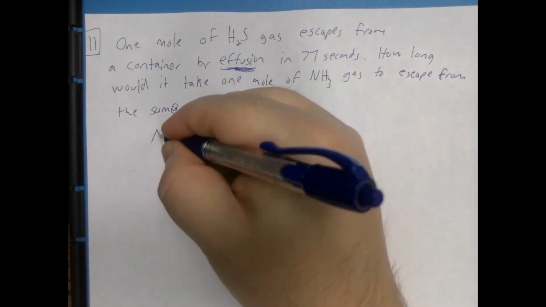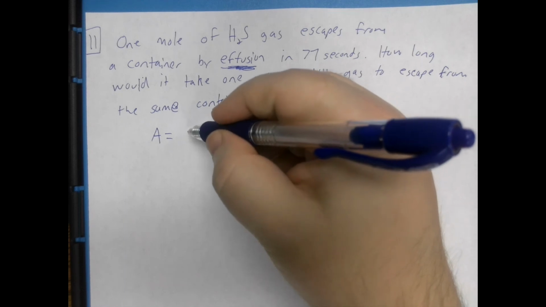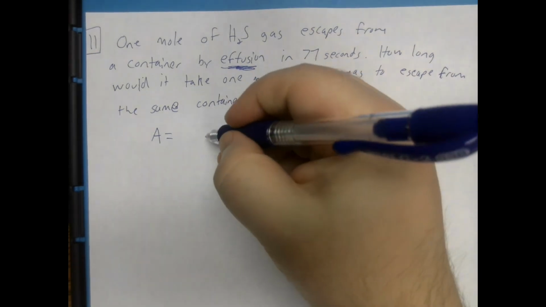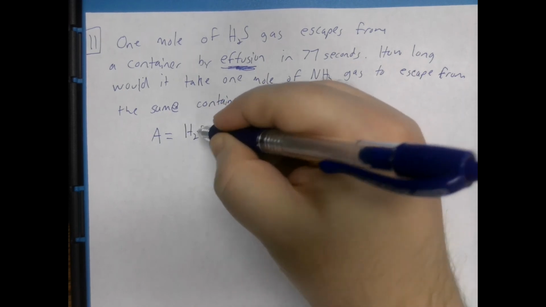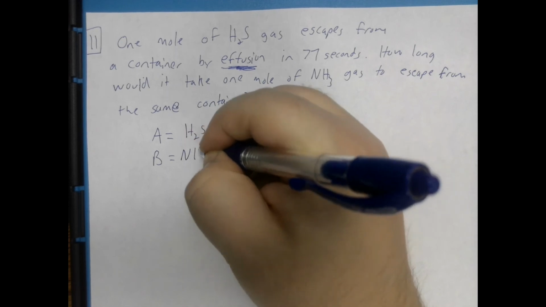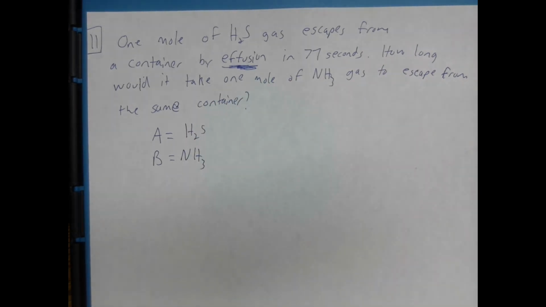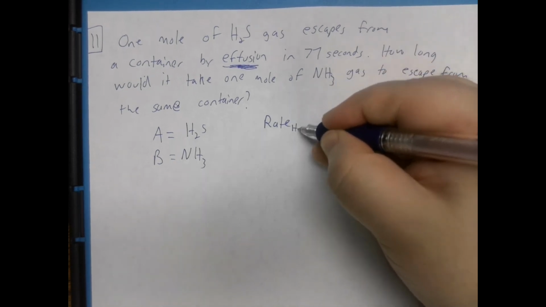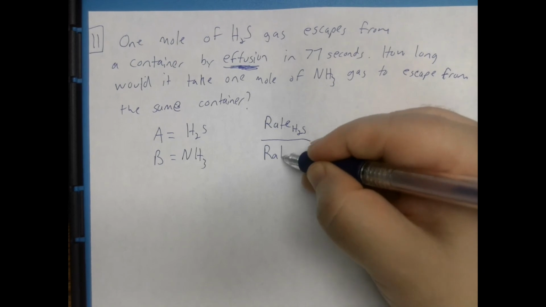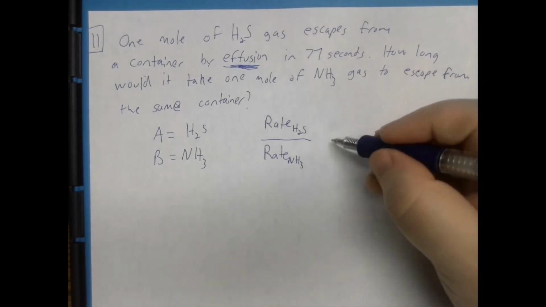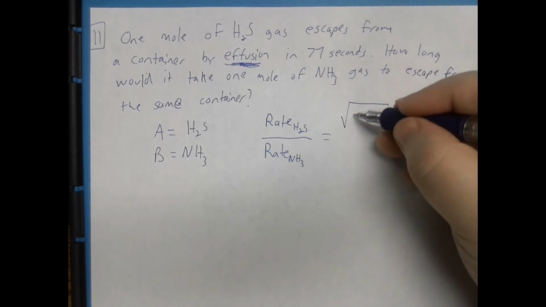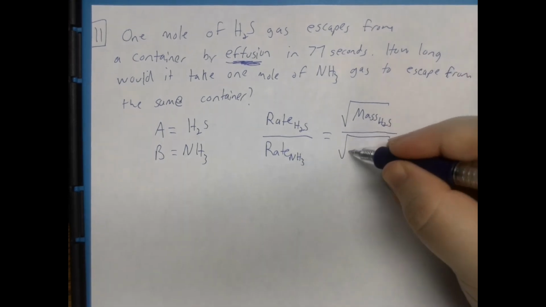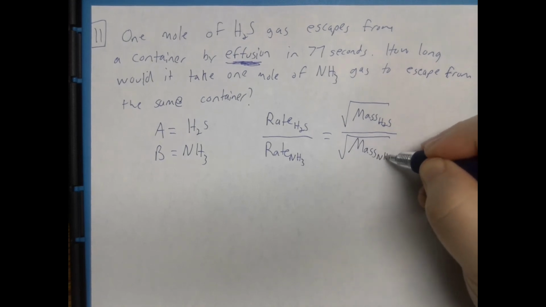So let's let A be H2S and B be NH3. So we know that according to Graham's law, the rate of H2S divided by the rate of NH3 has to equal the square root of the mass of H2S divided by the square root of the mass of NH3.